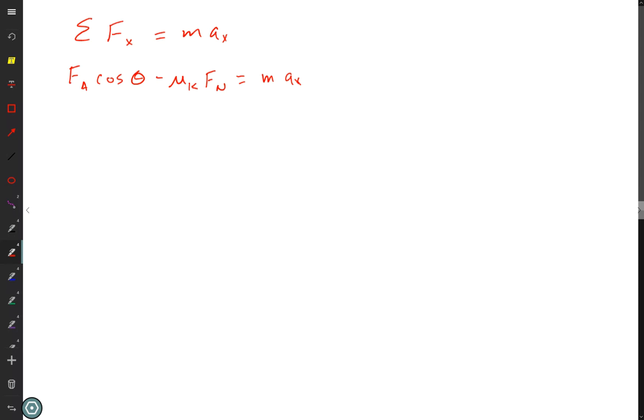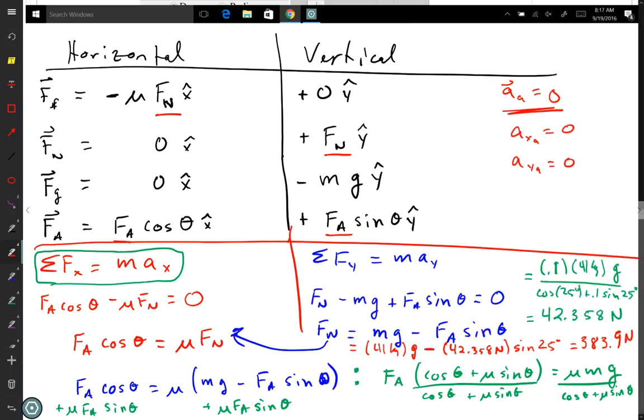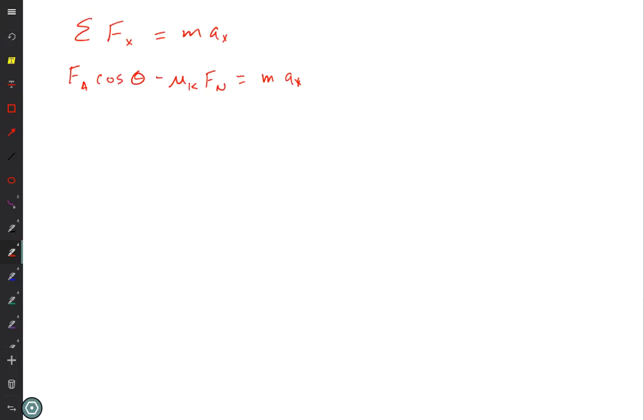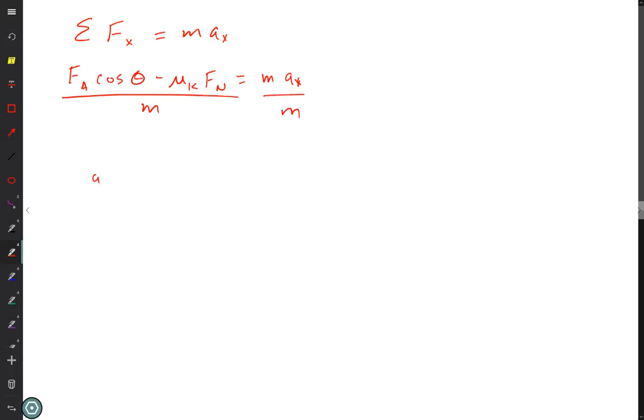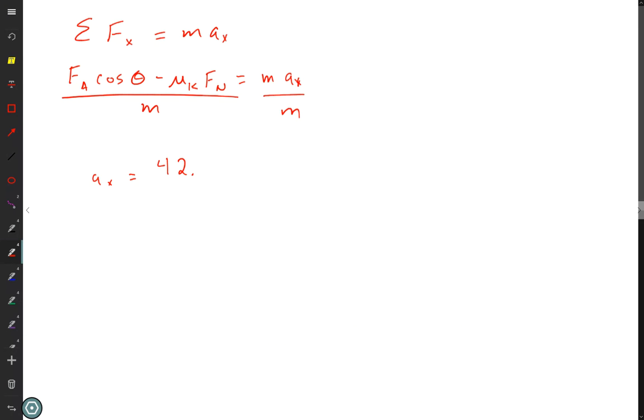So the second line is just repeating what I had right here, except instead of putting 0, I put max. And so now we solve this for ax by dividing everything by m. I don't remember the number. 358.